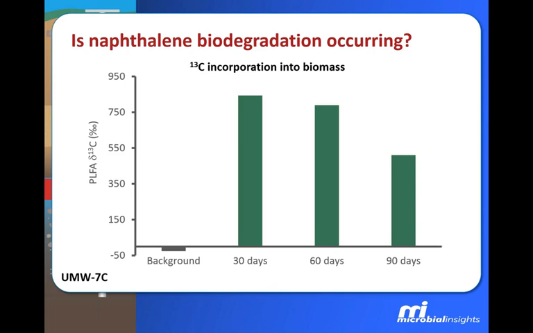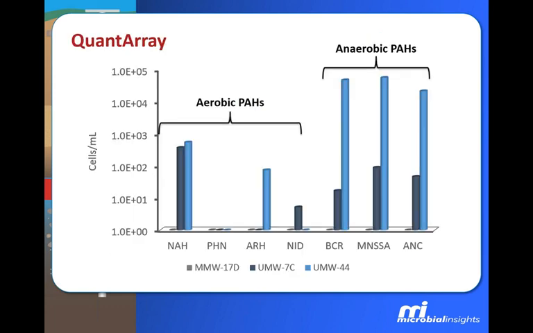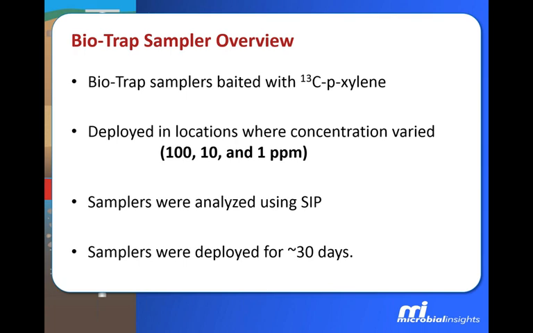That is proof positive that organisms capable of naphthalene biodegradation exist in this environment and did degrade that compound under the actual conditions that exist in that environment. Here are some quantarray results showing the detection of both aerobic genes involved in naphthalene degradation as well as anaerobic genes involved in naphthalene biodegradation.